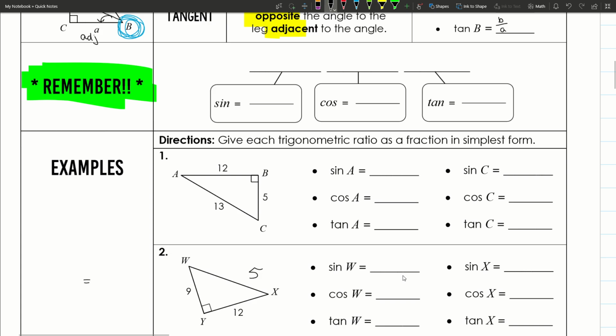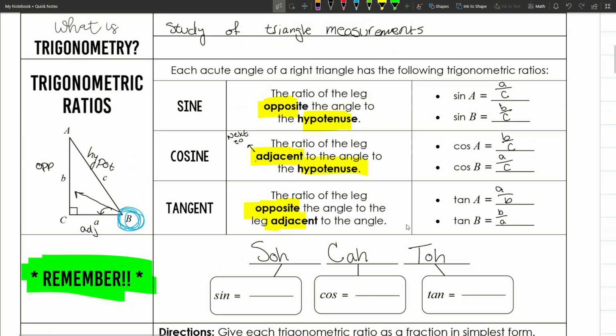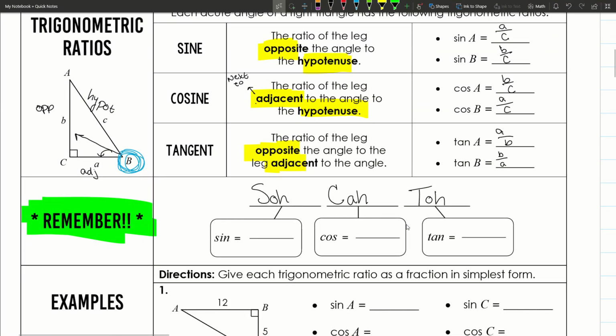The easiest way to remember, or the way that we've always tried to teach people to remember sine, cosine, and tangent, is by using SOHCAHTOA. S is for sine, O for opposite, and H for hypotenuse. We put the first one on top, so we put opposite on our top fraction and hypotenuse on our bottom.